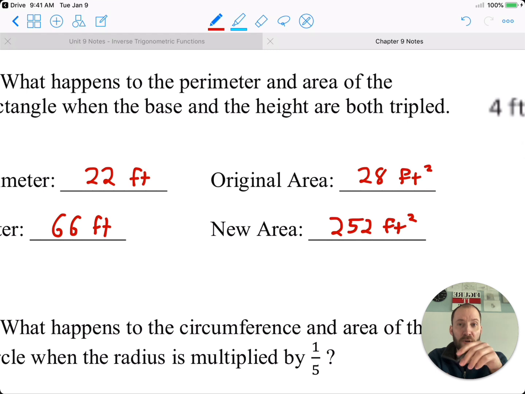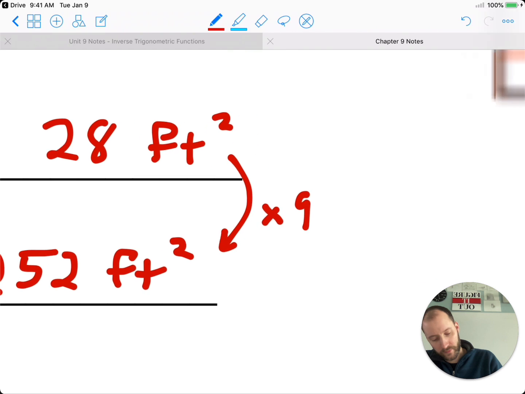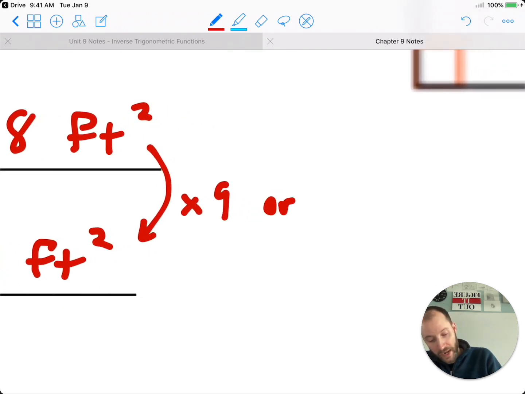Now looking at the perimeter relationships, from 22 to 66 is times 3, what both our dimensions were multiplied by. 28 to 252, divide those. 252 divided by 28, you get 9. So to go from 28 to 252, you multiply by 9, or 9 is 3 squared.